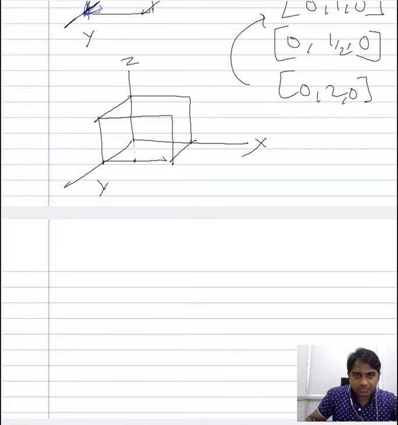So we have a cubic unit cell, and you have a direction from the origin to A, so that is from the origin and it is oriented in this way. So it meets the unit cell here.